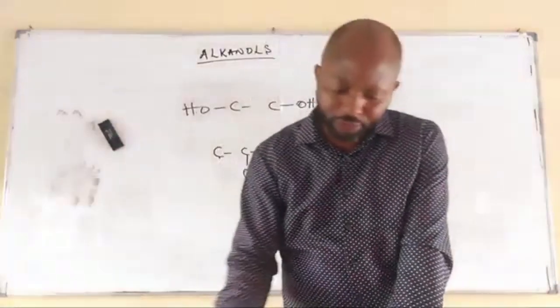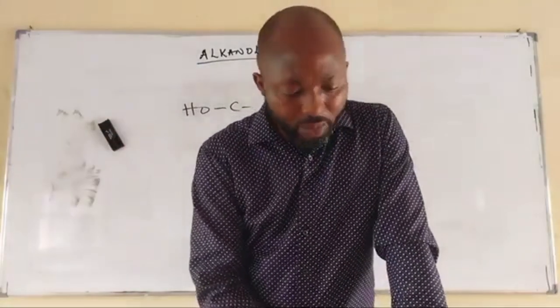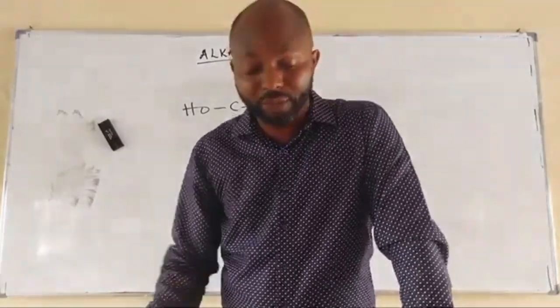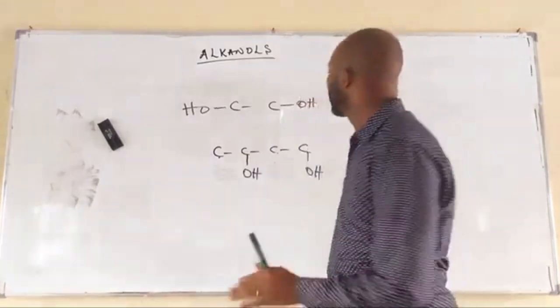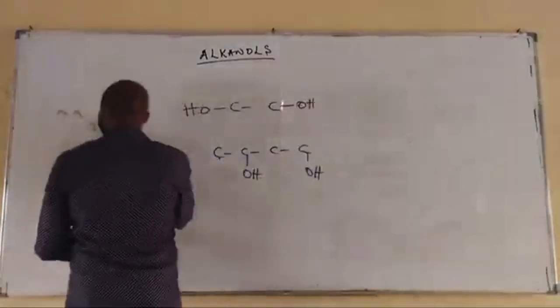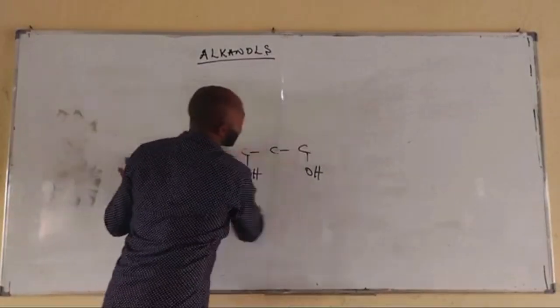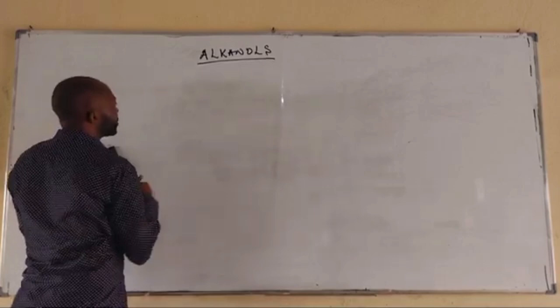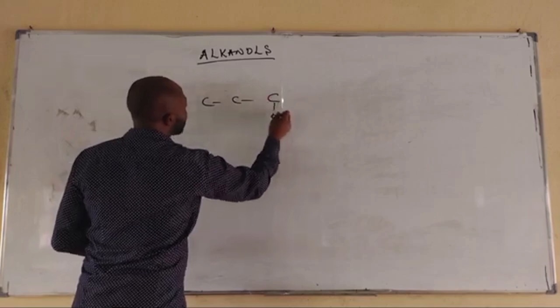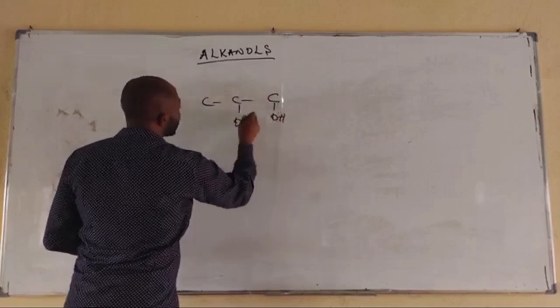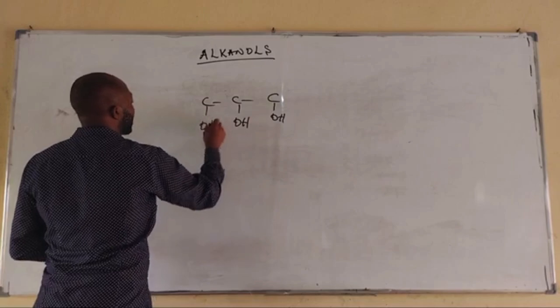So let's move further and take more. Trihydric alcohols means that there are 3 hydroxy groups in a molecule. So let's take this. 1, 2, 3. I have my OH here, OH here, OH here.